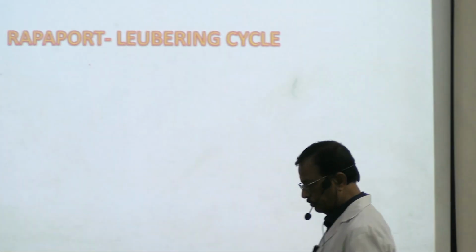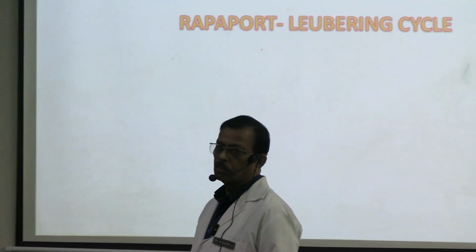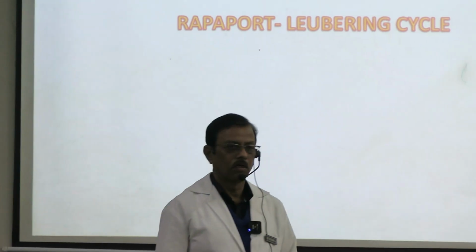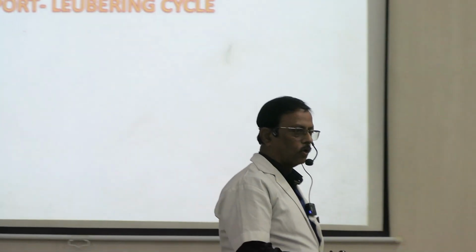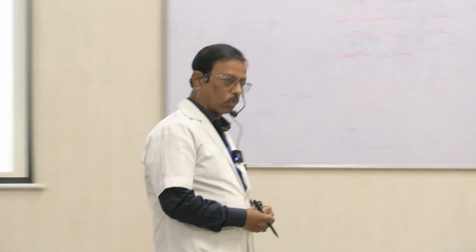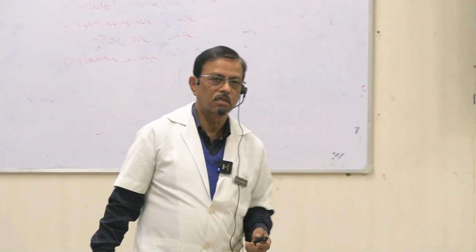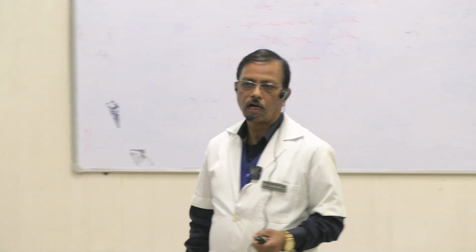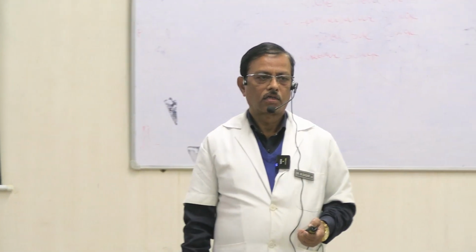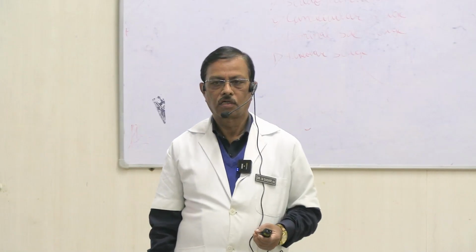Rapoport-Luebering Cycle. So in case of glycolysis, what we have seen? It starts with phosphorylation of glucose. What is the first molecule formed in glycolysis?